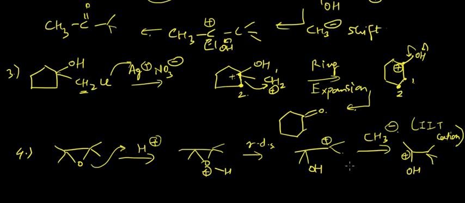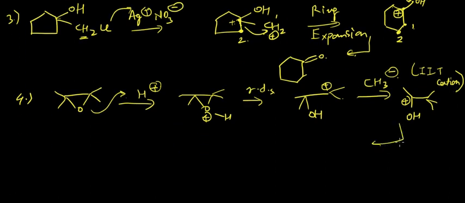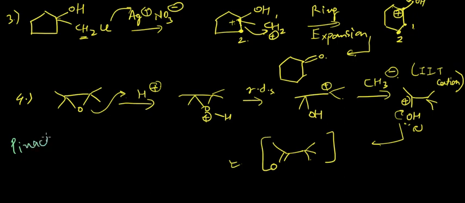Okay, again this will form a double bond with the neighboring carbon atom with the release of H plus, so this will be our product formed. So this reaction actually happened in the same fashion as Pinacolone rearrangement, so we can say that it is a Pinacol fashion rearrangement.